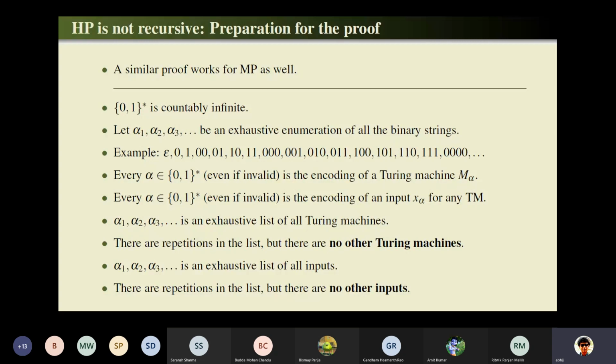Okay, so with this understanding of strings as binary strings, as machines, and also as inputs, let us proceed to the proof itself.